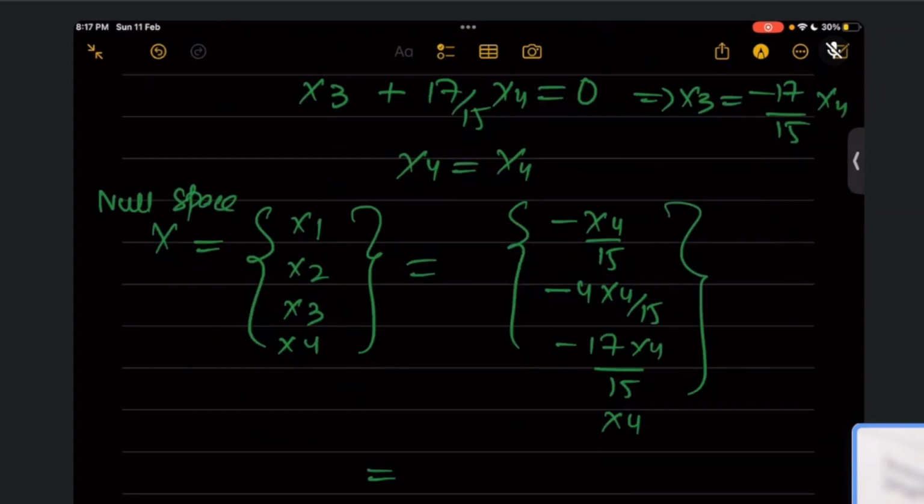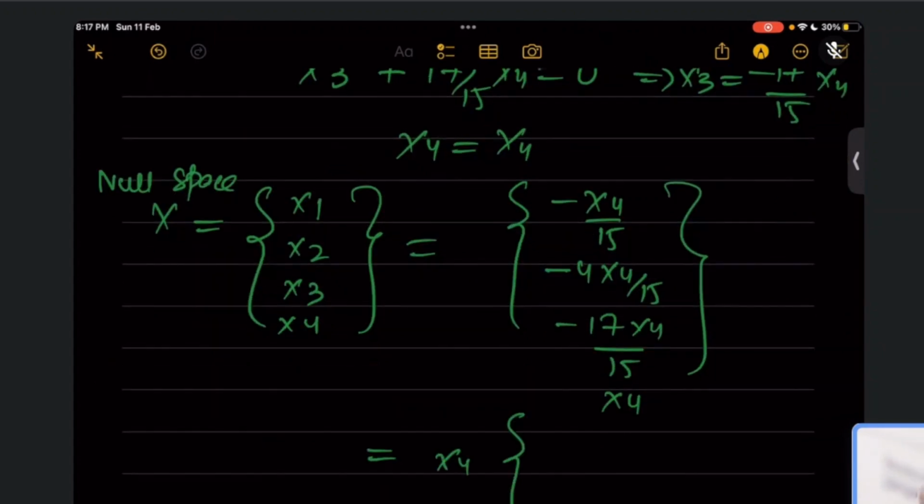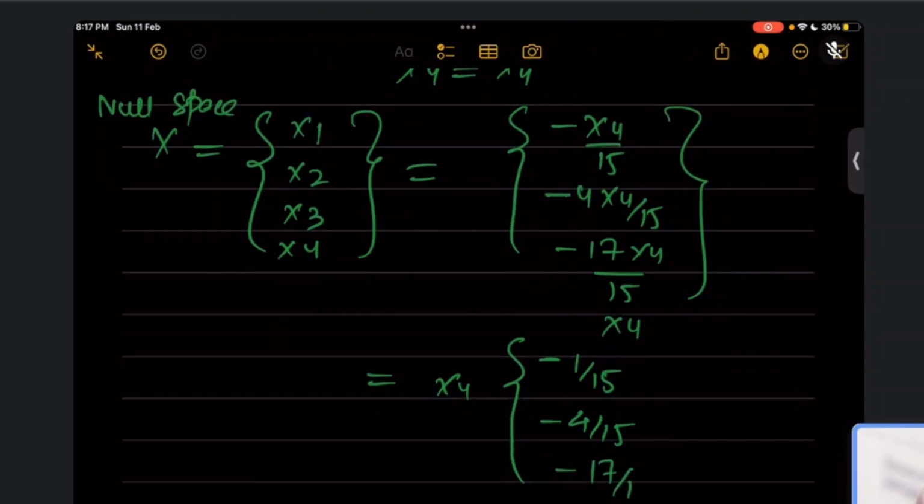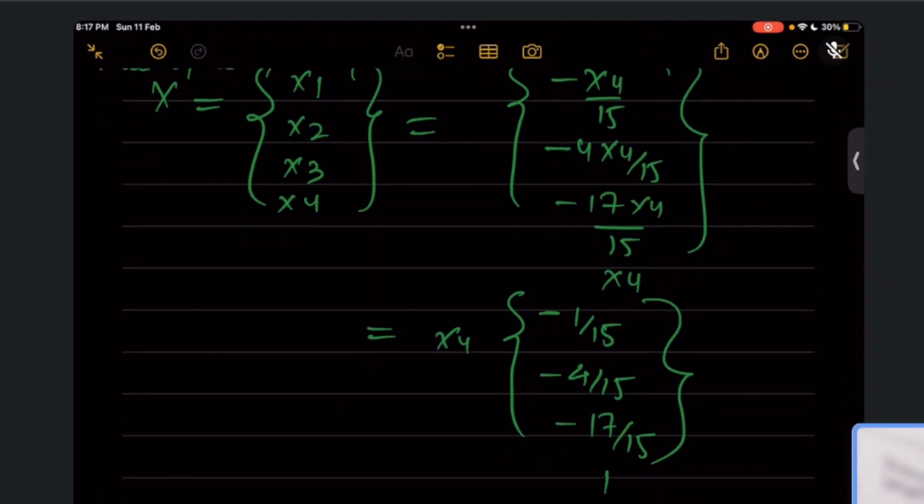Taking x4 common, what do we get? Minus 1 by 15, minus 4 by 15, minus 17 by 15, and the fourth one will be 1. So this is the null space vector. x4 you can choose on your own, put x4 equal to 1, and you will get this as the null space.